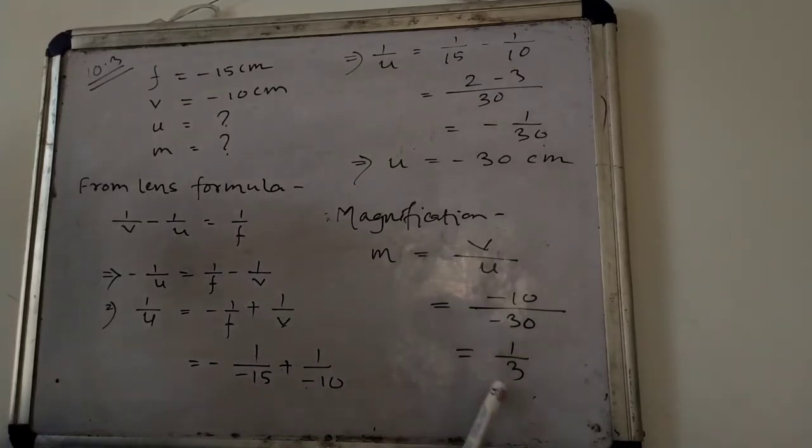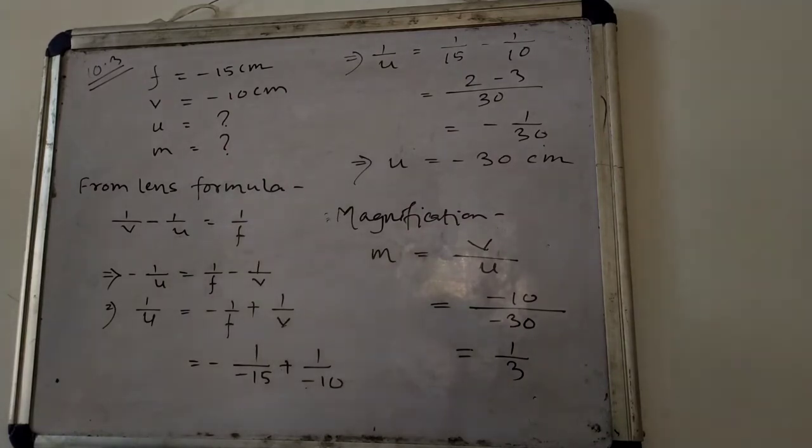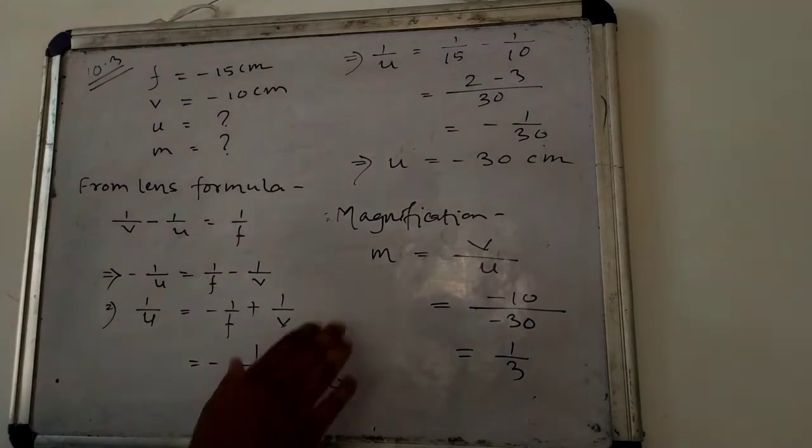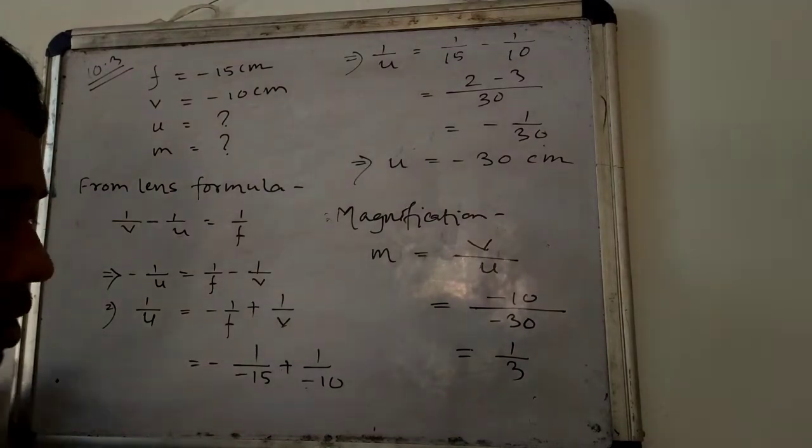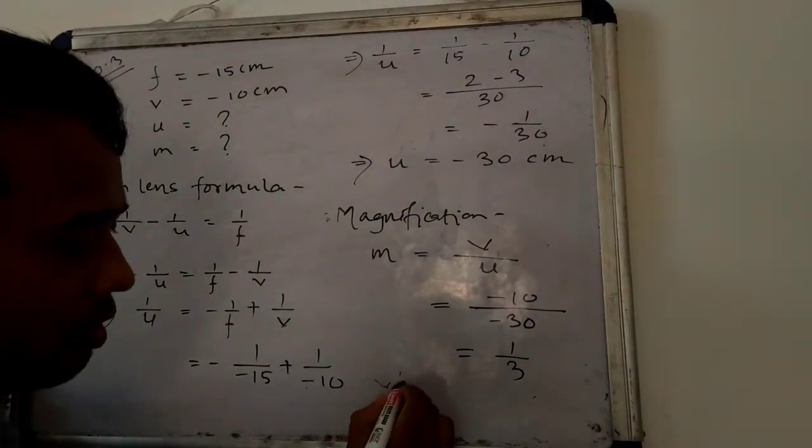Now from this value of magnification, we can also know the nature of the image. First, the magnification is positive. If the value of magnification is positive, then the image will be virtual and erect.